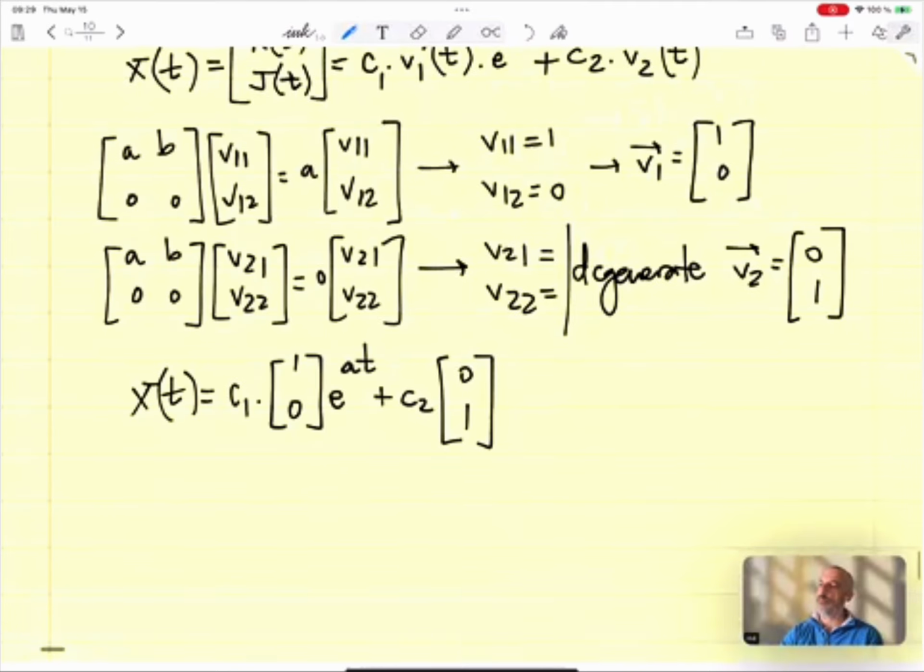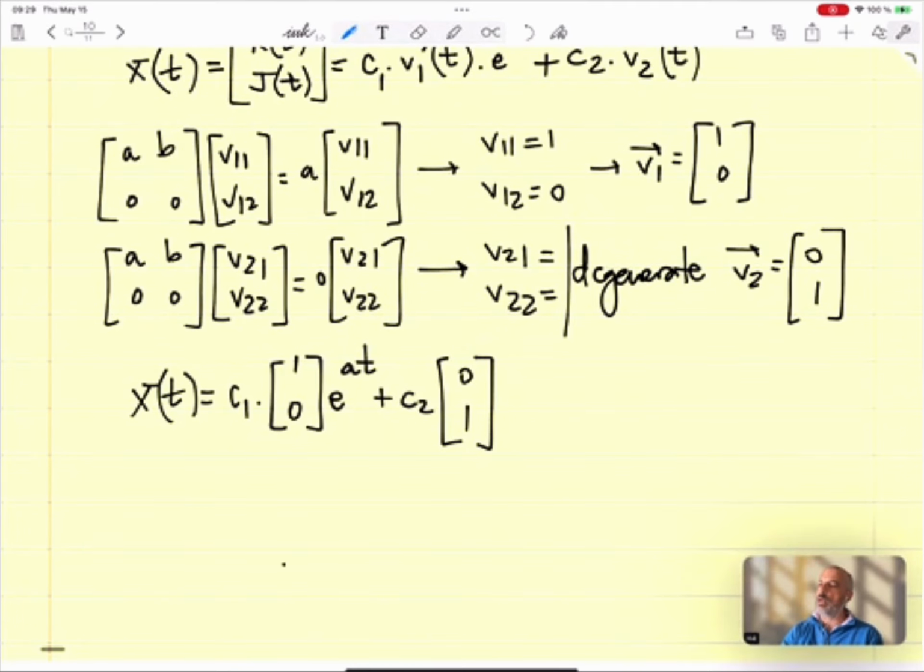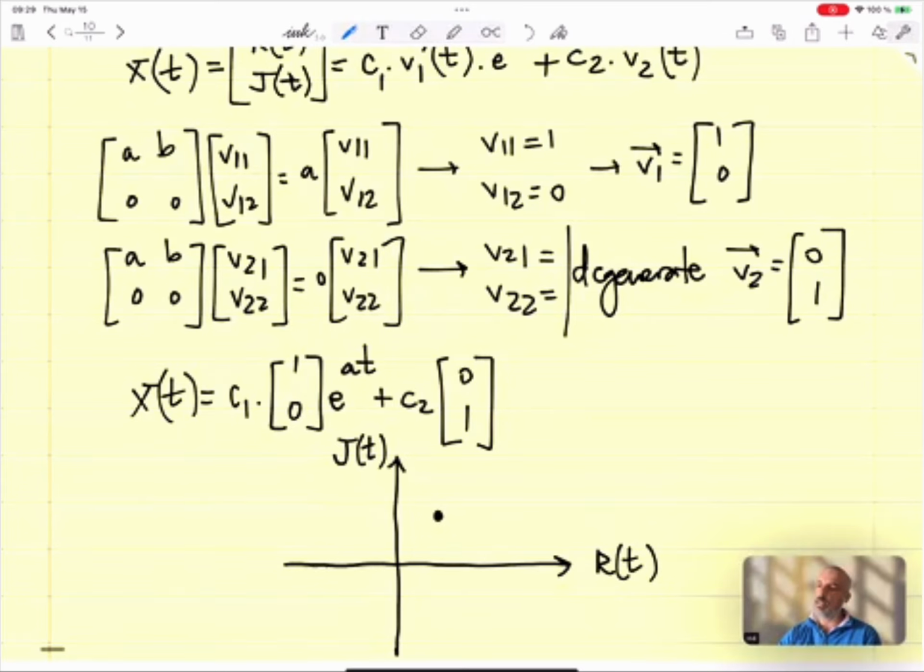Okay. This means that in our phase representation, we have Romeo here, we have Julia here, and Romeo will always increase independently of when we start. Romeo's love will always increase, and Julia's love will remain constant.